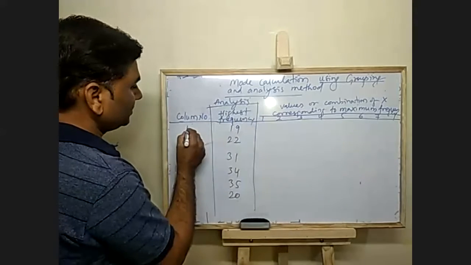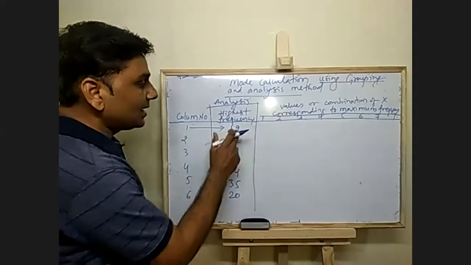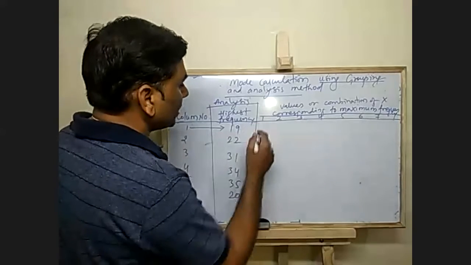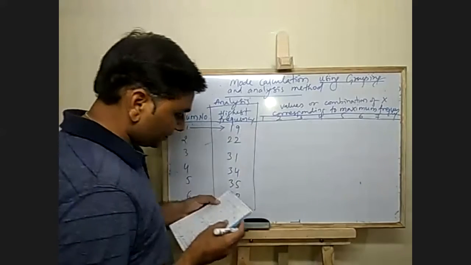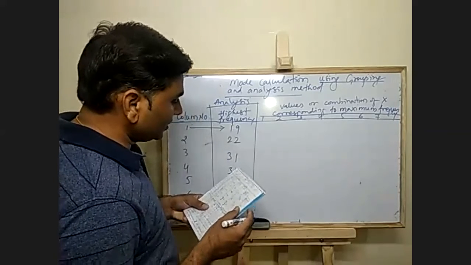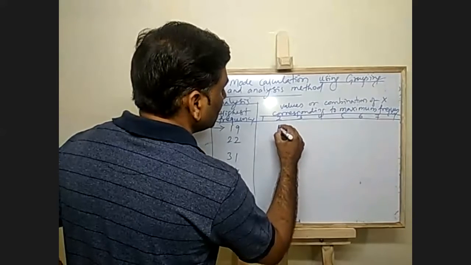First column, okay, 19 is highest frequency. What is the x value? So x value here is 2. So I will just mark 1.